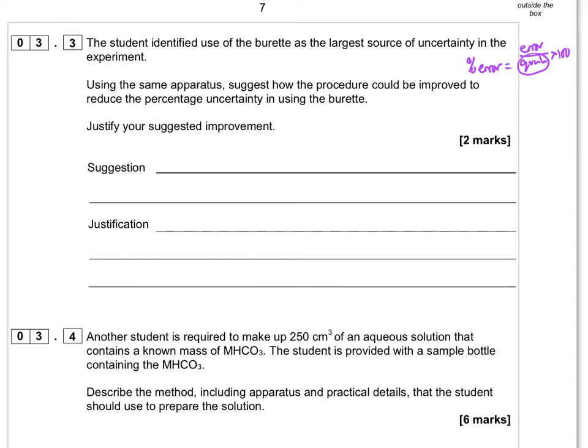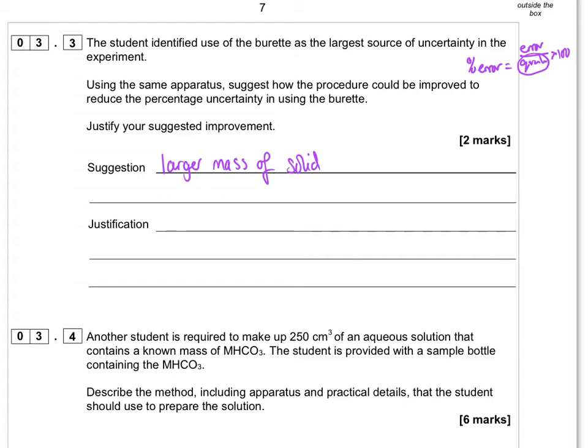Now we can't just use more acid because it only takes a certain number of moles of acid to neutralise the metal carbonate. So we've got a choice. To be able to use more acid or a larger volume of acid, we'd either have to use a larger mass of the solid, or we could reduce the concentration of the acid.